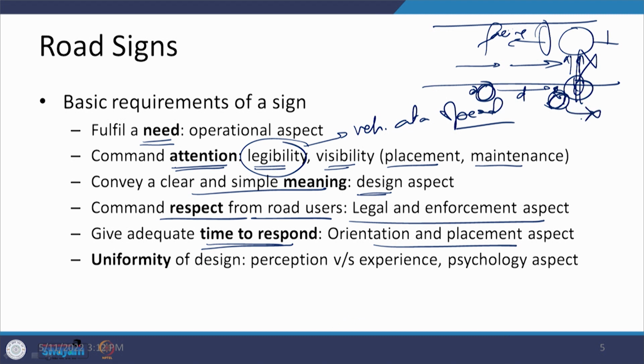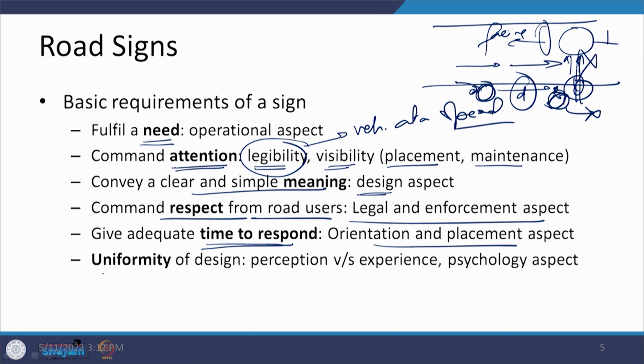Obviously, this location is not perfect, because if there is something due to which a driver has to take a decision and it is not being provided at a distance d, by which the driver has sufficient time to respond to the situation, to the information being given by way of the placement of the typical road sign, it is not going to have a usefulness.